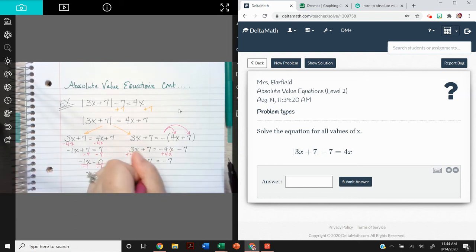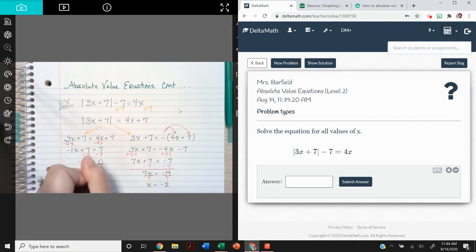I'm going to subtract 7. So I get 7x equals negative 14. I'm going to divide by 7. So x equals negative 2. And there are my two answers.